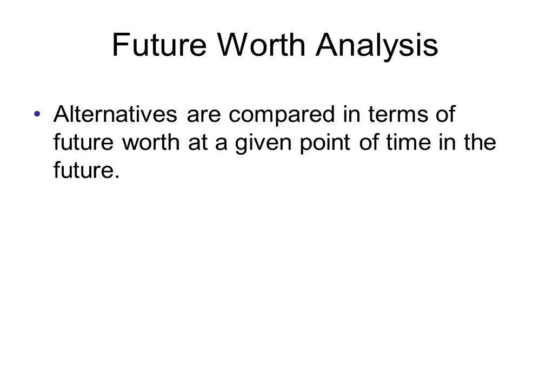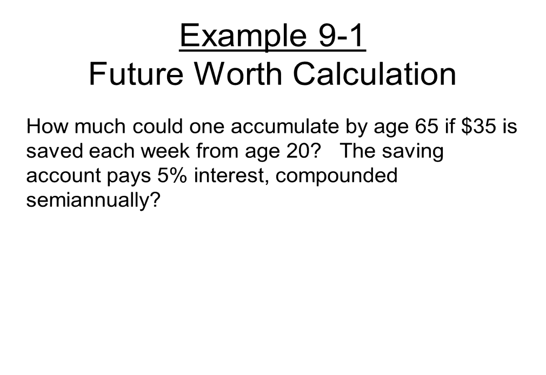Alright, so let's talk first about future worth analysis. That's a method for comparing alternatives that allows us to compare different projects or different alternatives in terms of future worth at a given point of time in the future. So here's an example.